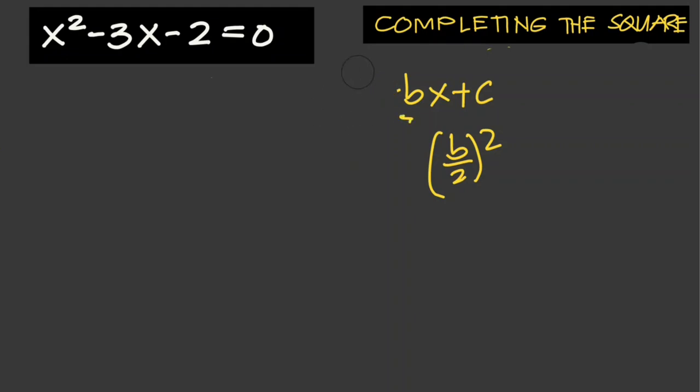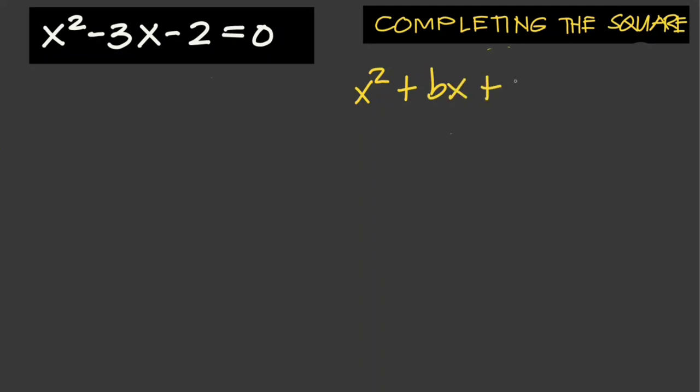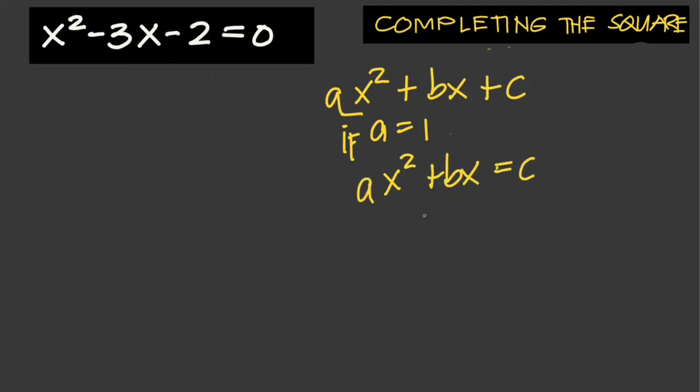So let's do this step by step. So this is our quadratic equation. If the value of a here is equal to 1, then you can readily write this quadratic equation as x squared plus bx equals c, when a is equal to 1.